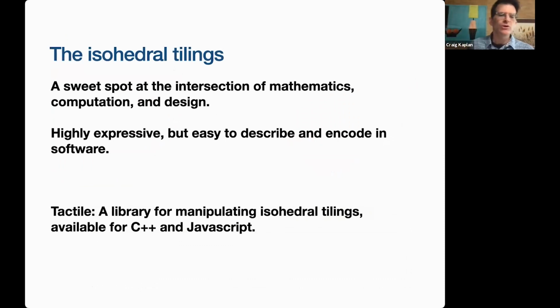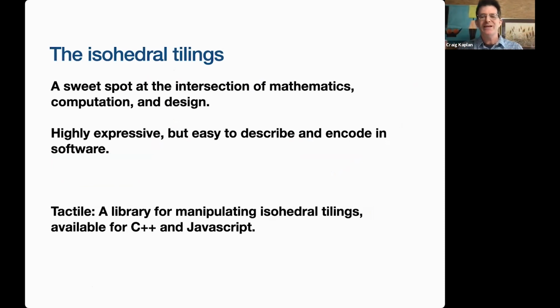The main tool I use in this study is a system of tilings of the plane called the isohedral tilings. I'm not going to go into the mathematical details of how these work, but I will say they occupy a sweet spot between math, computation, and design. What I mean by sweet spot is they are expressive enough to be useful for making the kinds of pictures you want.